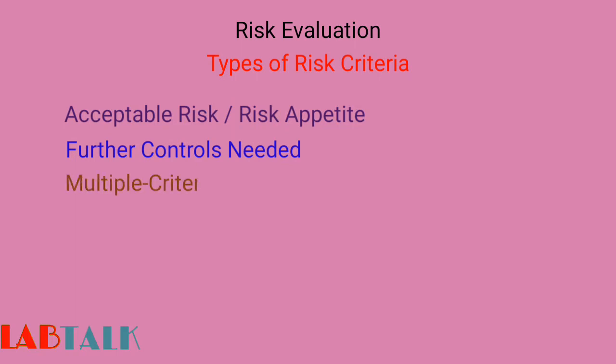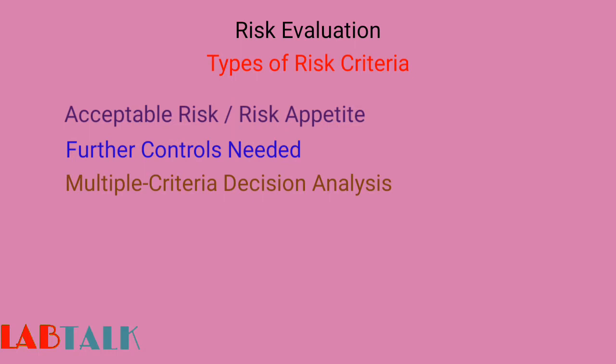The next criteria is the criteria that decide between different risk management options, such as multiple criteria decision analysis. It is the third risk criteria which can be used for evaluating the risk.